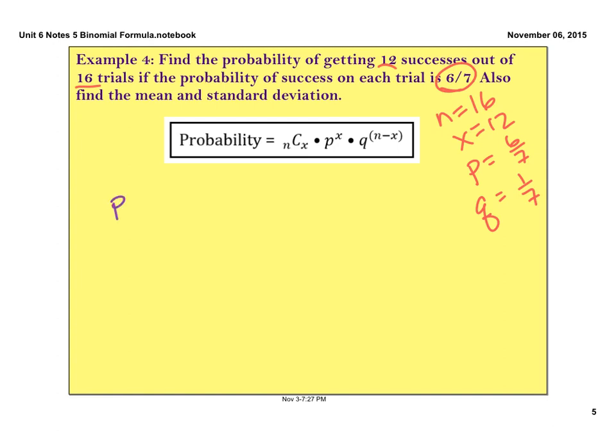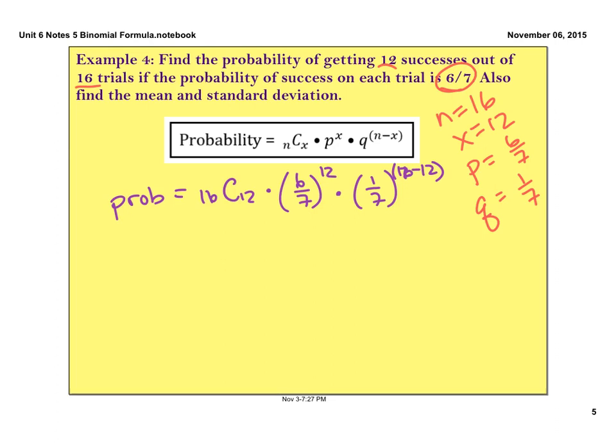So let's take a look at our formula here. I have the probability equaling 16C12 times, I'm going to put this in parentheses, 6/7 raised to the 12th power times 1/7 raised to the 16 minus 12 power.